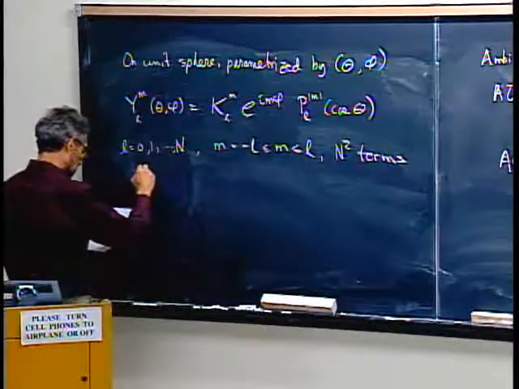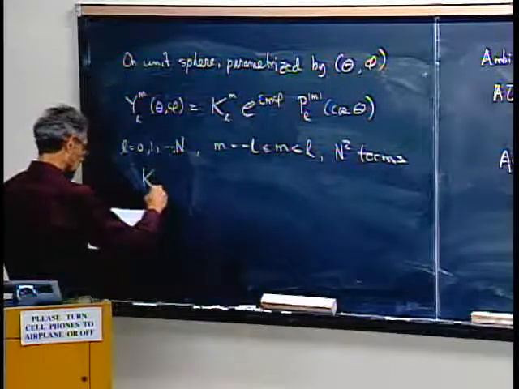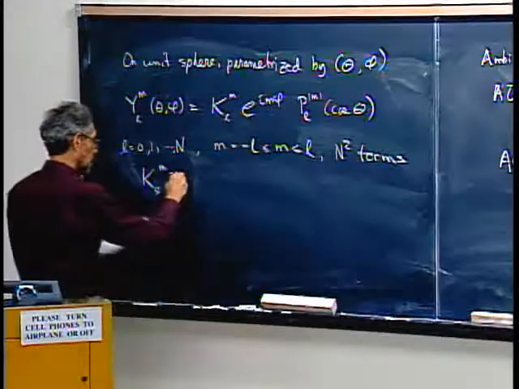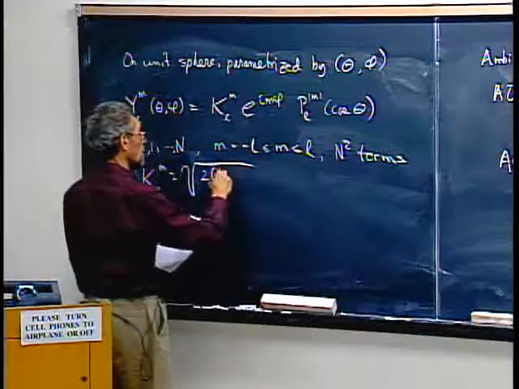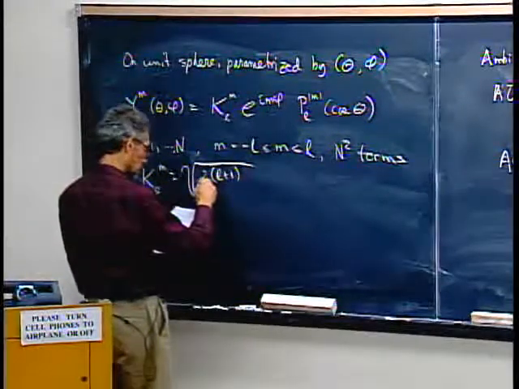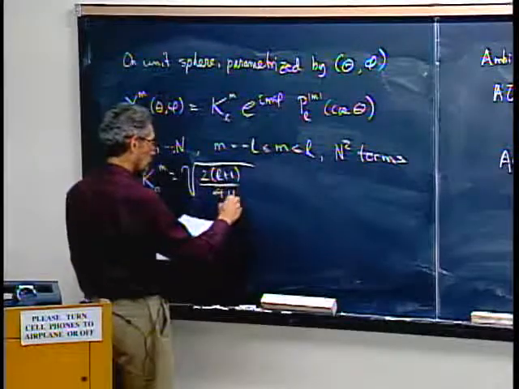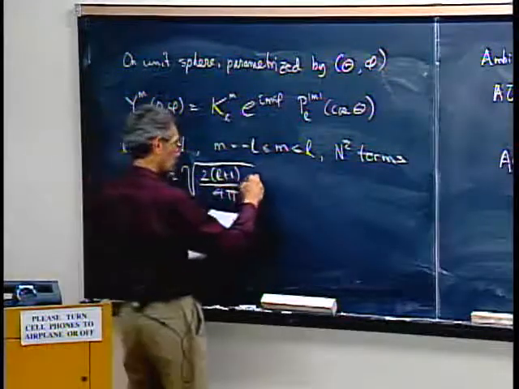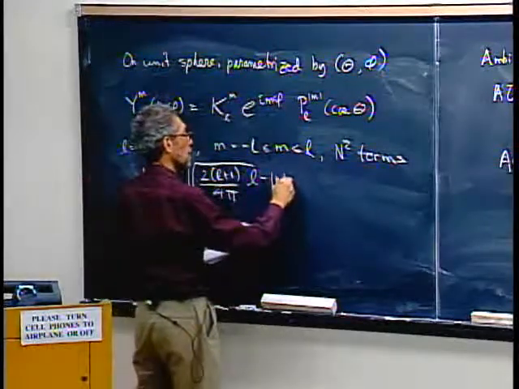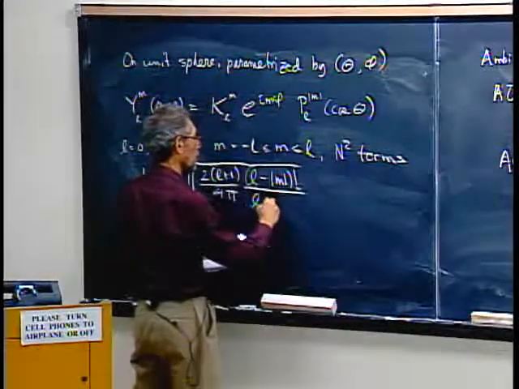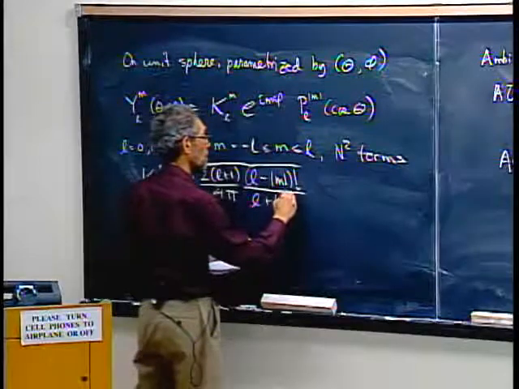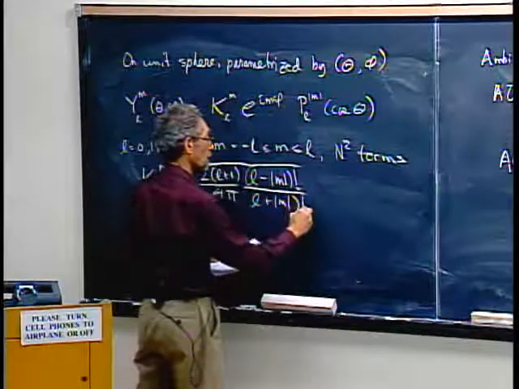And to copy the normalization factor, K l m equals the square root of 2L plus 1 over 4 pi times L minus the absolute value of m factorial over L plus the absolute value of m factorial.